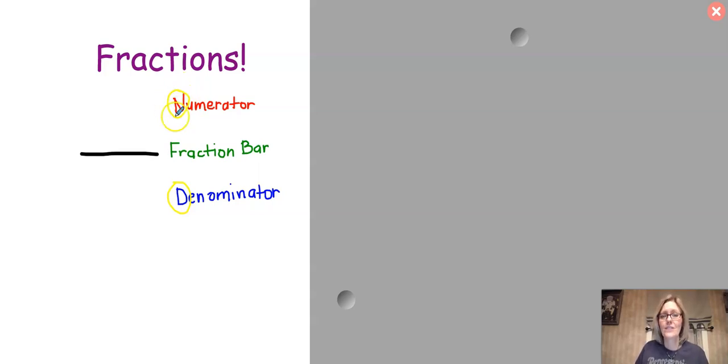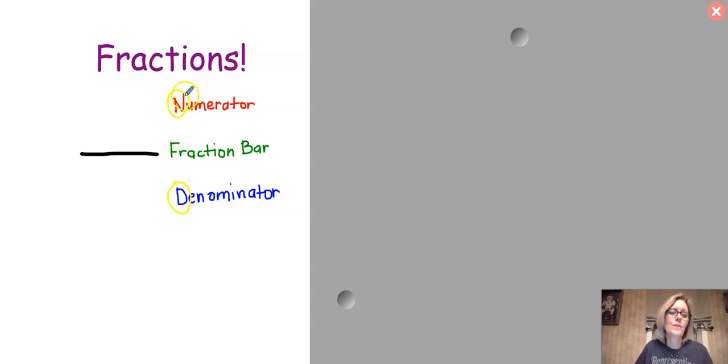So nod starts with N, and so does numerator. Or it doesn't start with N, but it has the N sound. So I'm going to nod my head. Numerator. And then the bottom one reminds them of the word dance, and you can dance your denominator, which would be the bottom part of you. So there are different ways that people remember that.